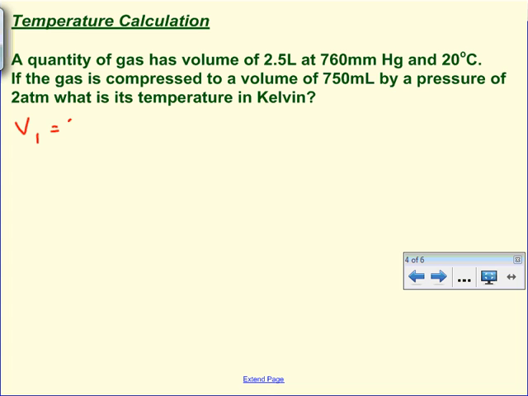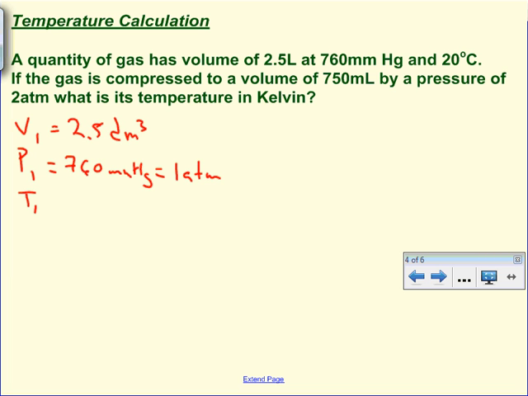V1 is going to be 2.5 dm cubed. P1, 760 millimeters of mercury, well, that's just 1 atmosphere. I'm going to convert that to atmospheres because I always find atmospheres easier to work with. So just 1 atmosphere is easy.